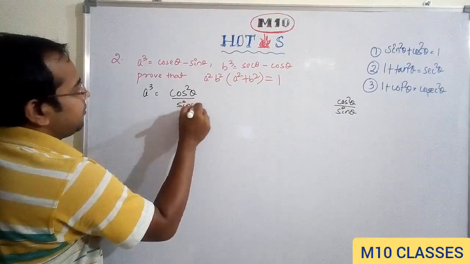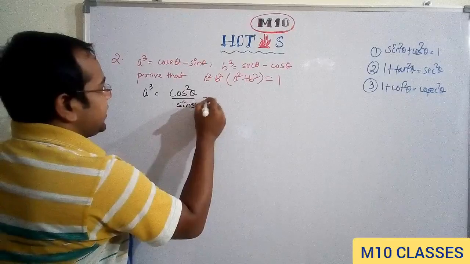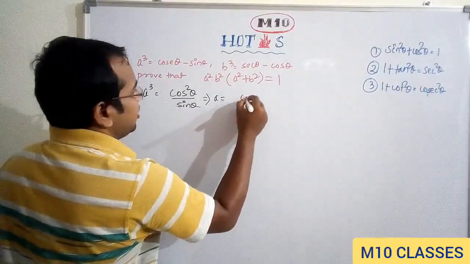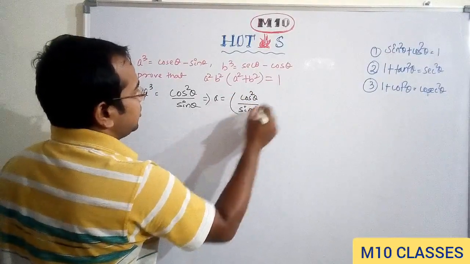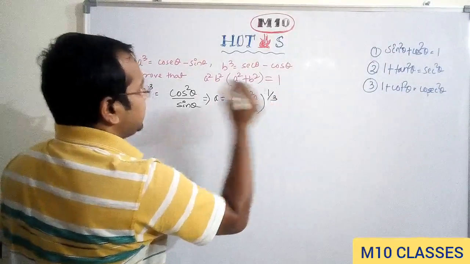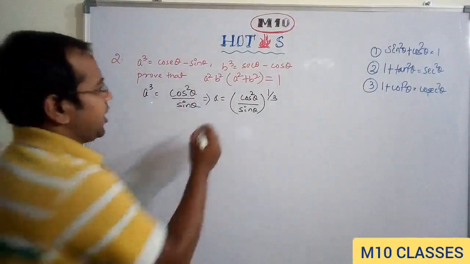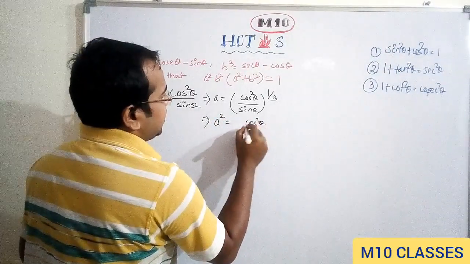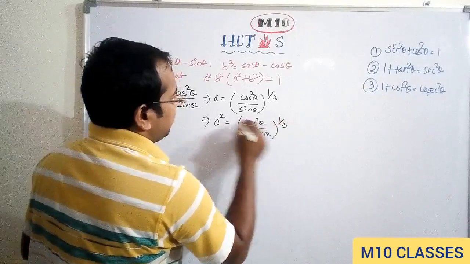Now, what is a then? a will be equal to (cos square theta divided by sin theta) to the power 1 by 3. But we need to find a square. So what would be a square? That is equal to (cos square theta divided by sin theta) to the power 1 by 3, and then you will take the square.